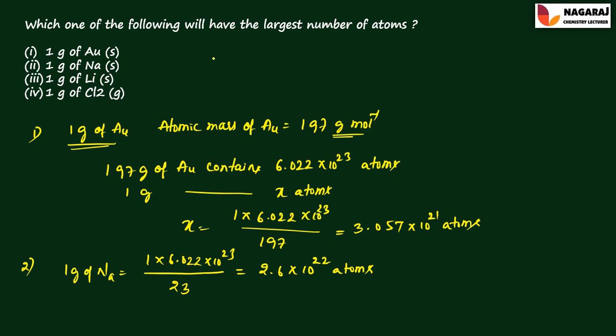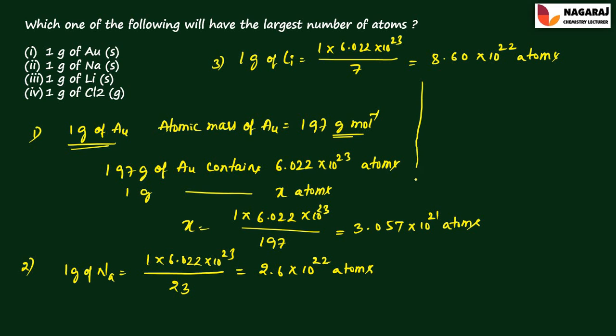Like that, third one, that is 1 gram of lithium, is equal to 1 into 6.022 into 10 to the power 23 divided by the atomic mass of lithium, which is 7. So on simplification it gives 8.60 into 10 to the power 22 atoms.